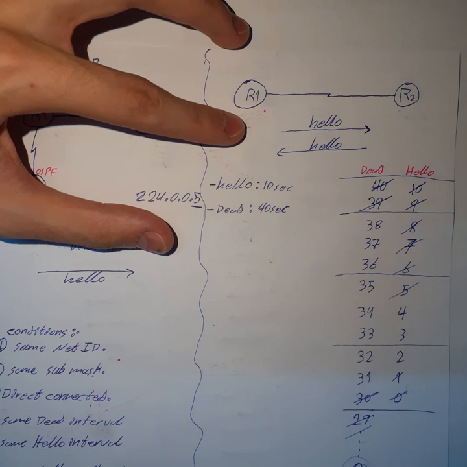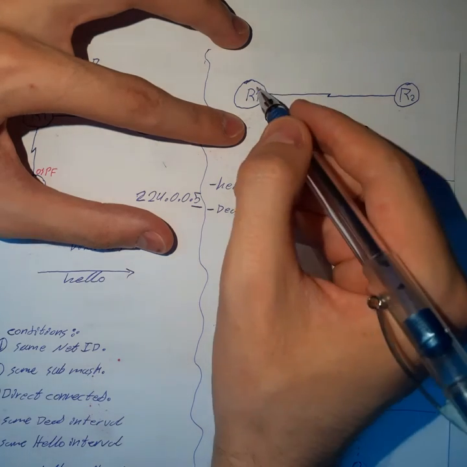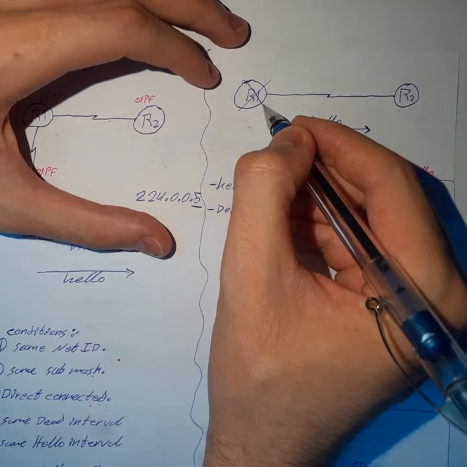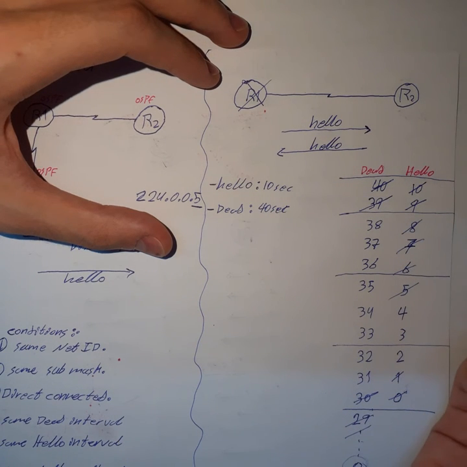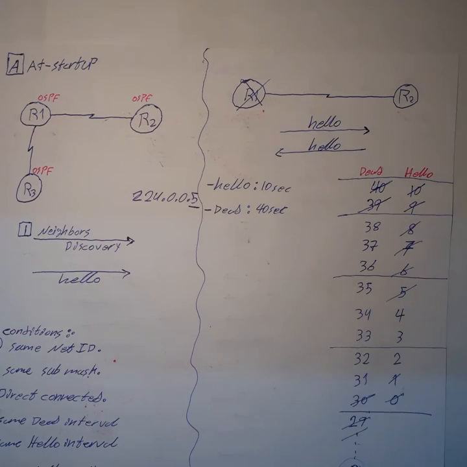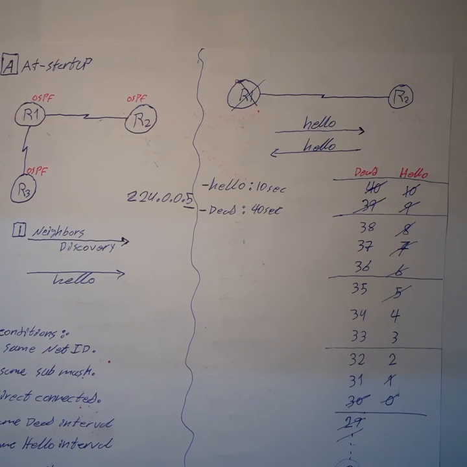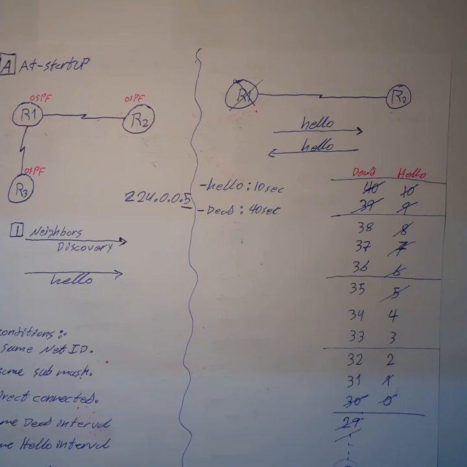When the counter becomes 0 for router 2, that means router 1 has disconnected from the network because it didn't receive a hello message from it, and it will remove it from the routing table.